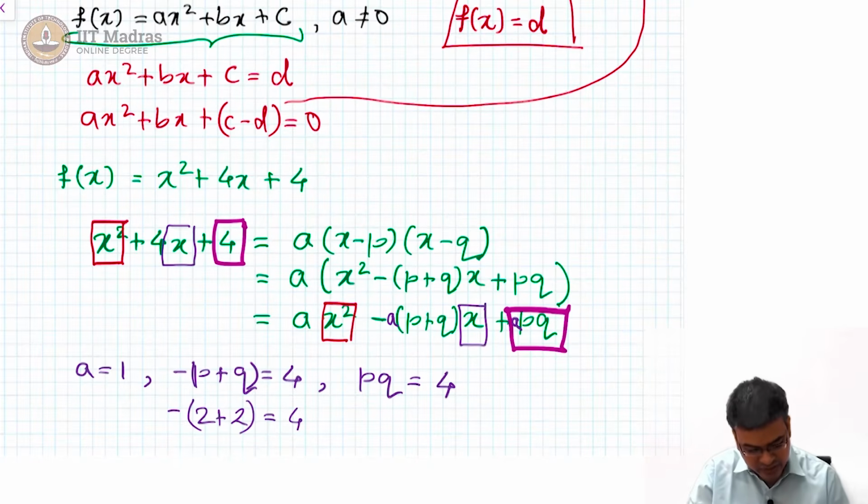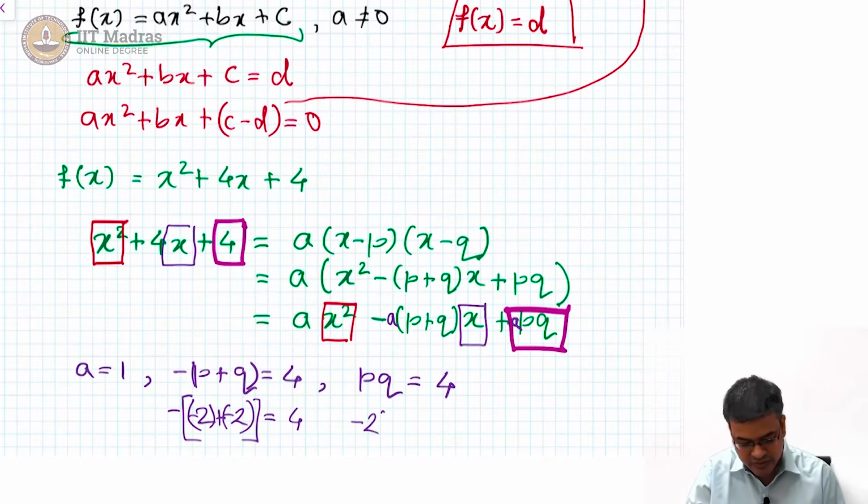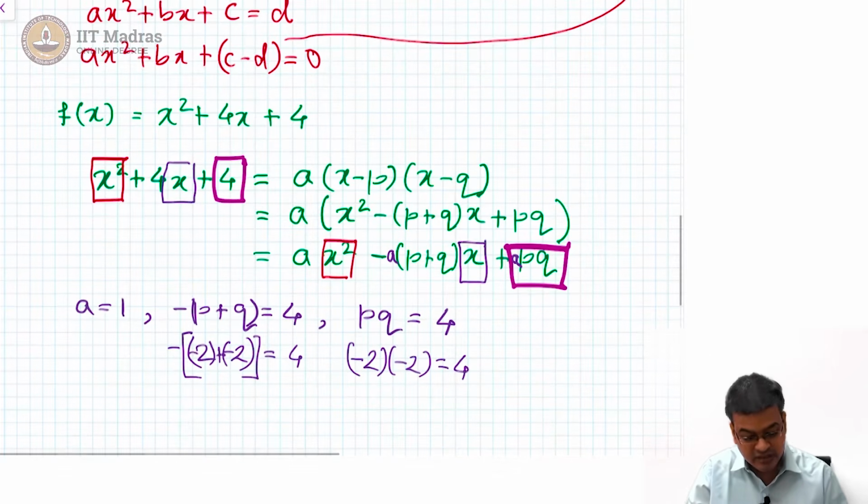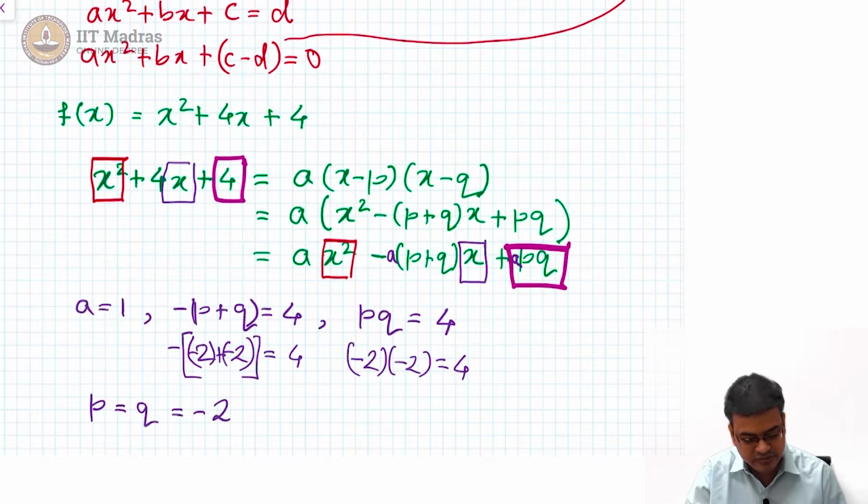So what I want is minus 2 and minus 2 should give me 4 when added with the negative sign, and minus 2 into minus 2 should again give me 4 as well. Great. That means what I have essentially derived is p is equal to q is equal to minus 2.